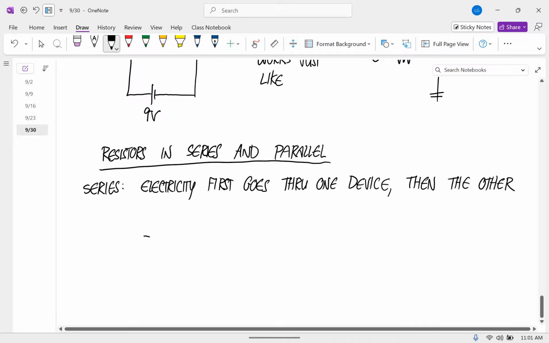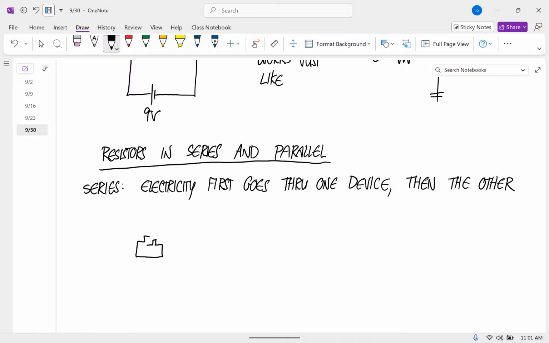An example of this would be if you have a battery connected to a resistor, and then that resistor is connected to another resistor. Notice that there's no way for electricity to get to this second one without first going through the first one. So all electricity that flows through this circuit has to first go through one and then through the other one.